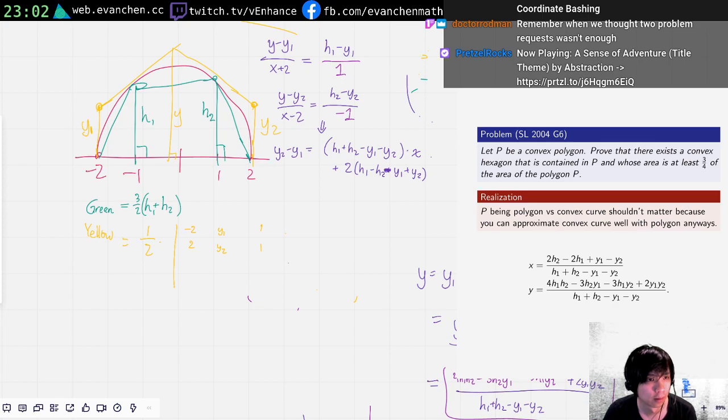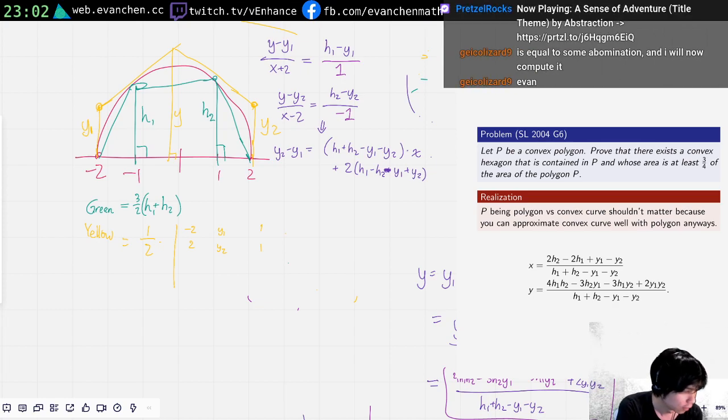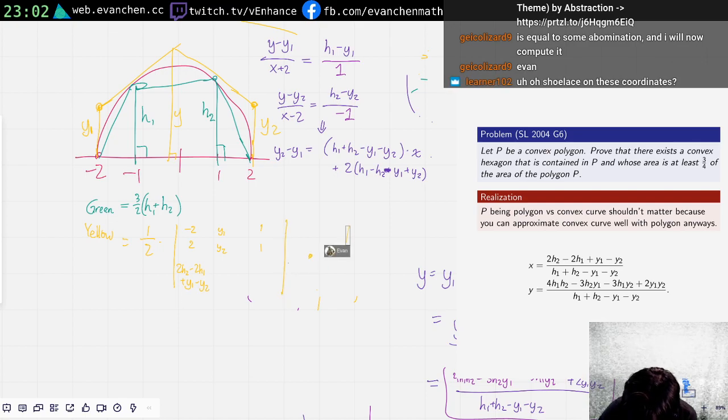And, okay, 2h2 minus 2h1 plus y1 minus y2 versus 4h1h2 minus 3h2y1 minus 3h1y2 plus 2y1y2 and then 1, where I've divided it out by h1 plus h2 minus y1 minus y2.